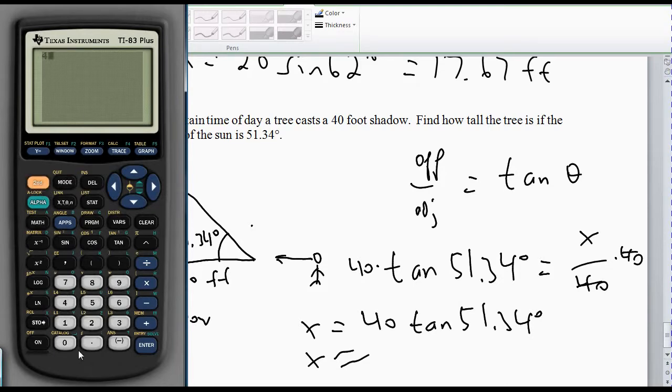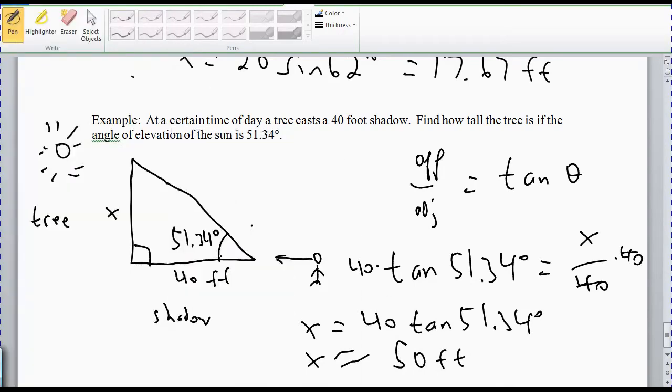So we're going to type in 40 tangent 51.34. Now I don't have to put the degree symbol because I'm already in degree mode, so that number is considered a degree. Enter. 49.99, we're going to call that 50 feet. So the tree is 50 feet tall, approximately.